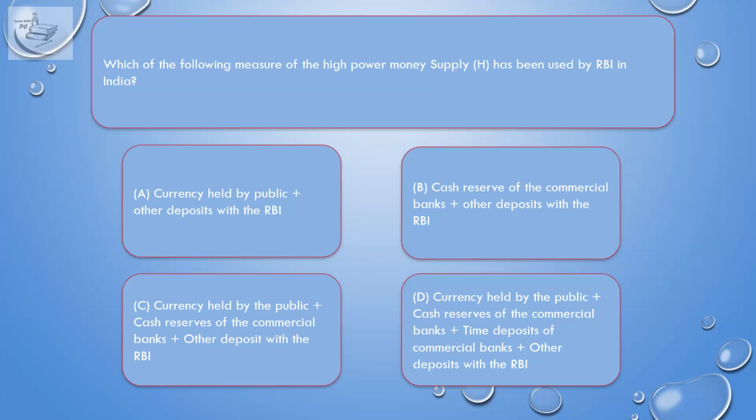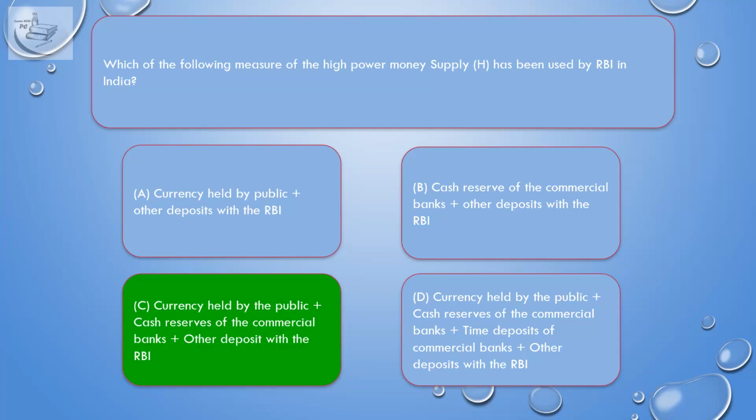C. Currency held by the public plus cash reserves of the commercial banks plus other deposits with the RBI. D. Currency held by the public plus cash reserves of the commercial banks plus time deposits of commercial banks plus other deposits with the RBI.